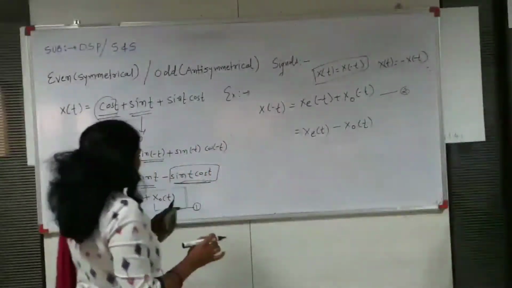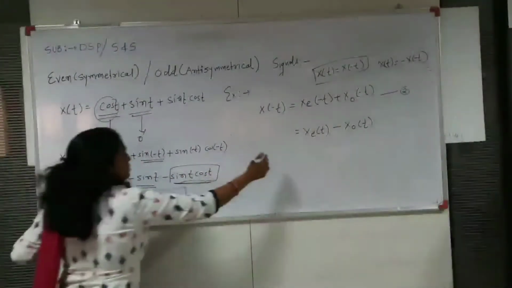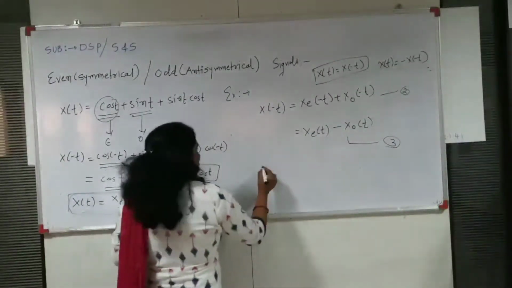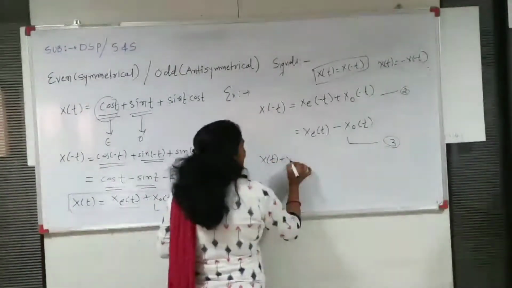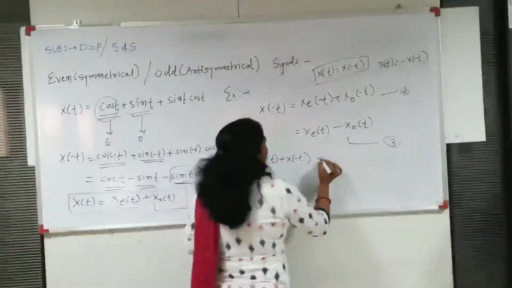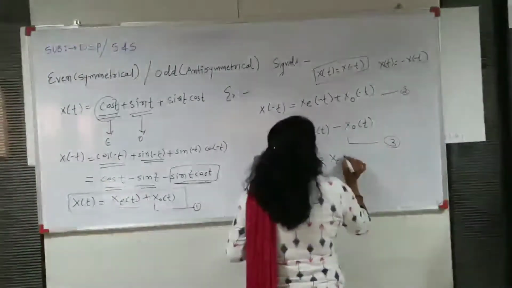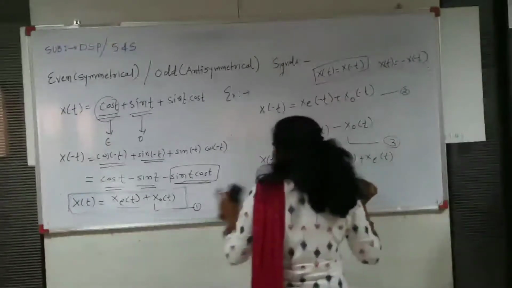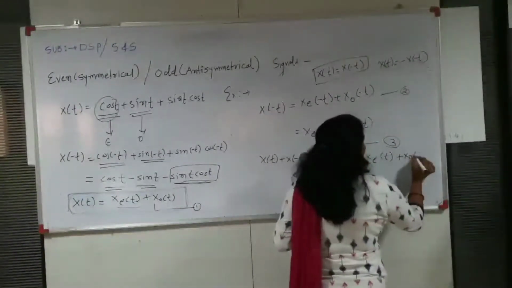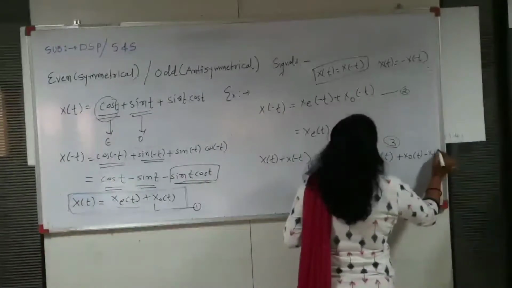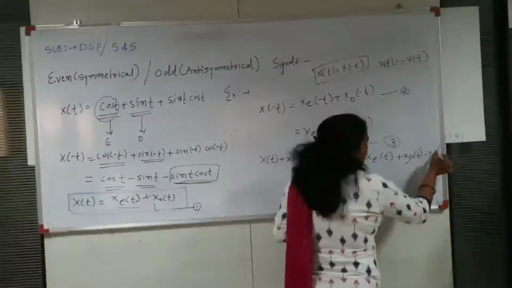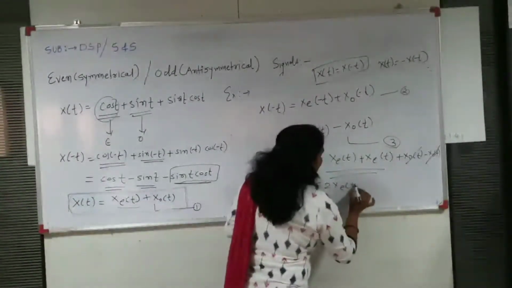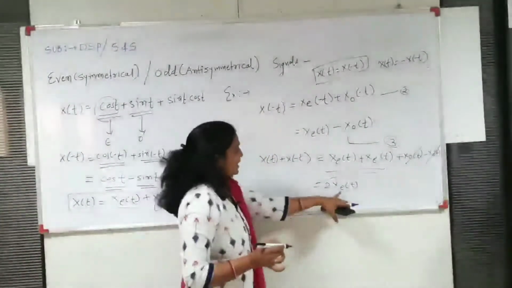Now take the addition of these two equations, equation number 1 and equation number 3. On the left-hand side, x of t plus x of minus t is equal to x even of t plus x even of t plus x odd of t minus x odd of t. The odd terms cancel out, so it is nothing but 2 times x even of t.